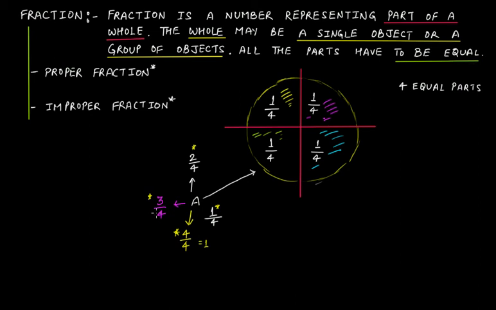This 3 by 4 is a number representing that this person A has 3 parts out of 4 equal parts, and 4 by 4 is telling you that the person A has 4 parts out of the 4 equal parts that this pizza was divided into.